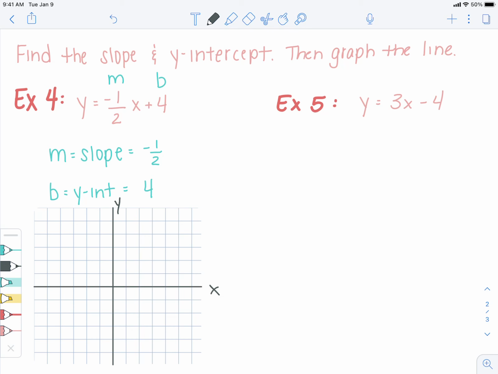And the first thing I want to do is plot my y-intercept. So I'm going to go to my y-axis and I'm going to find 4 on my y-axis and put a point there. My y-intercept is 4. So I go 1, 2, 3, 4. And I'm going to plot that point.